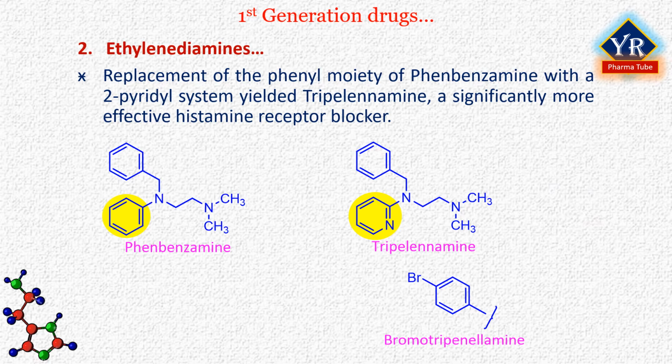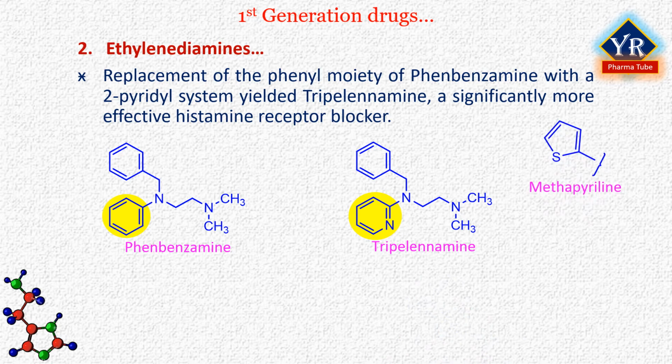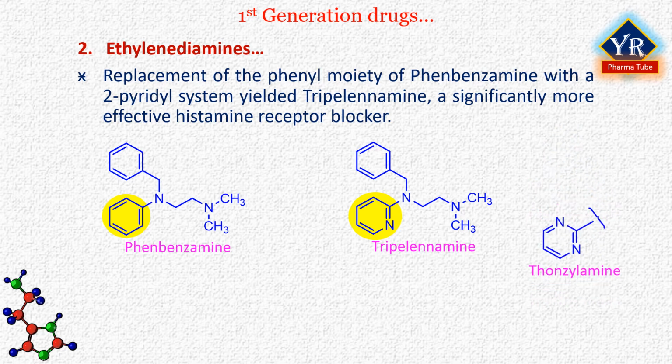Replacement of the benzyl group of tripelennamine with a 2-thienylmethyl group provided methapyrilene, and replacement of tripelennamine's 2-pyridyl group with a pyrimidinyl moiety along with para-methoxyl substitution yielded thonzylamine, both of which function as potent H1 receptor antagonists.